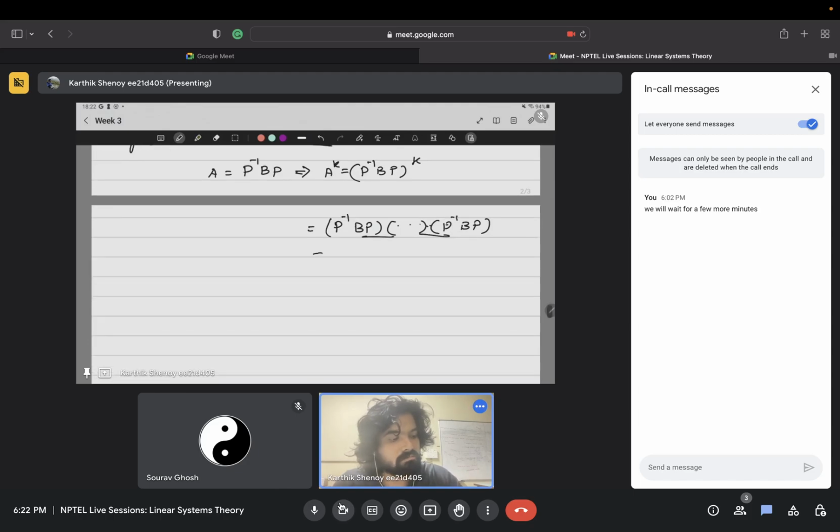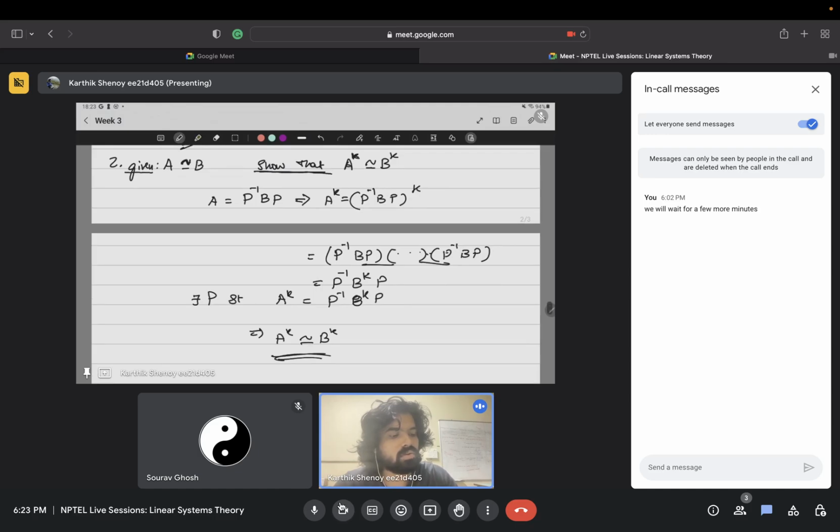You will get the identity I. This is nothing but P inverse B raised to K P. So now there exists a P such that A raised to K is equal to P inverse B raised to K P, which implies A raised to K is similar to B raised to K. That's it.